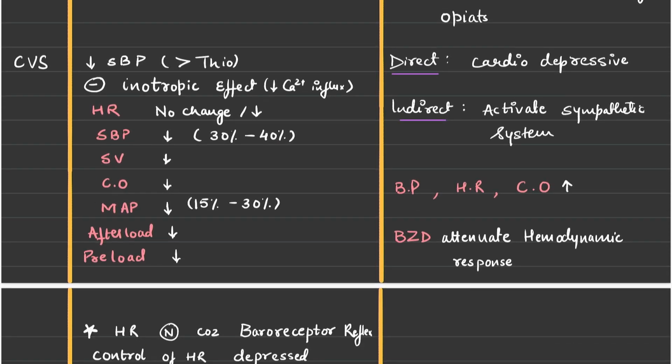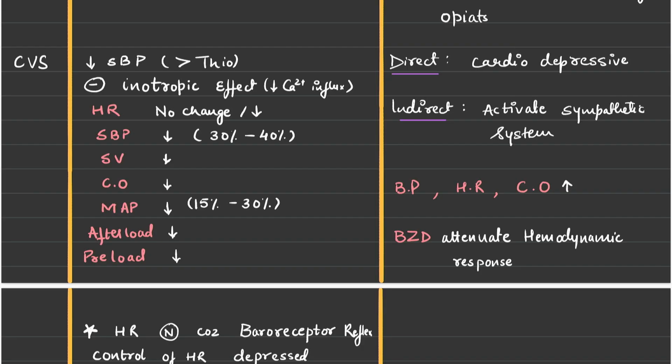As we have discussed in the mechanism of action, ketamine has two effects, direct and indirect. Direct is the cardiac depressant effect, and indirect is release of norepinephrine, which activates the sympathetic system. The indirect effect is dominant and is mostly seen.